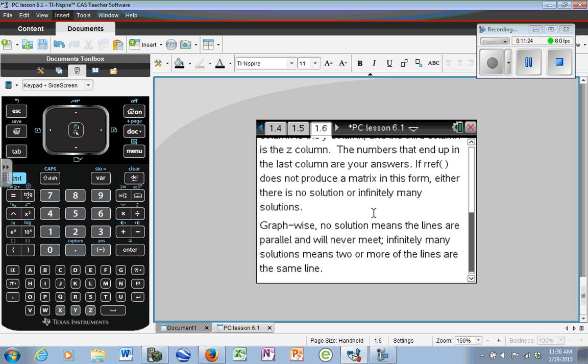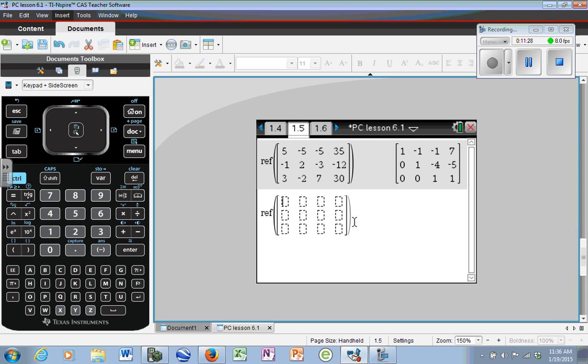So let me show you how this works in a couple of different ways. I'll go back to my calculator page here, and I'm gonna get rid of this, and I'm gonna put in this one right here. I'm going to copy that and put it right in here. And I'll show you what happens when you take reduced echelon form.